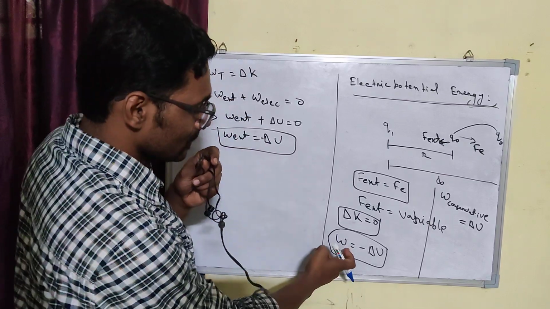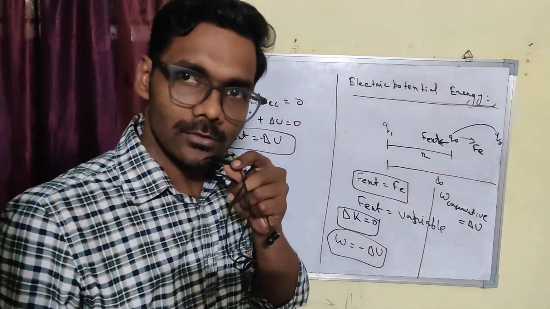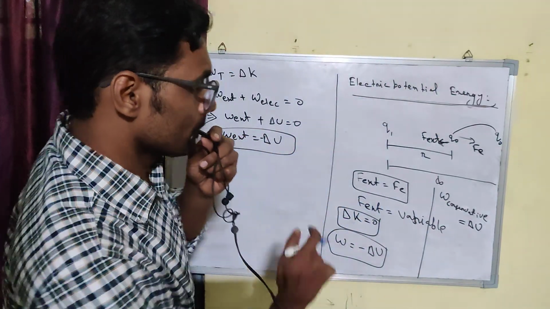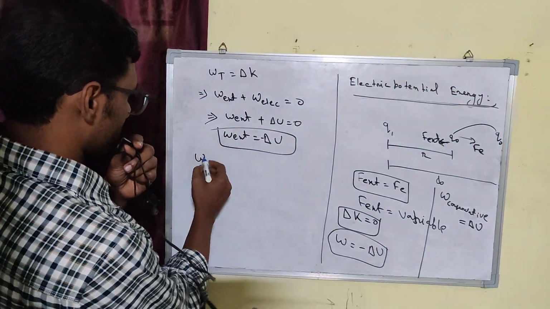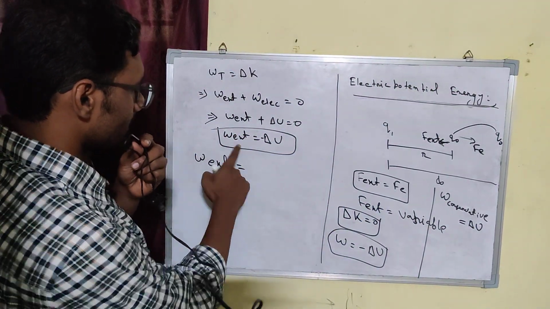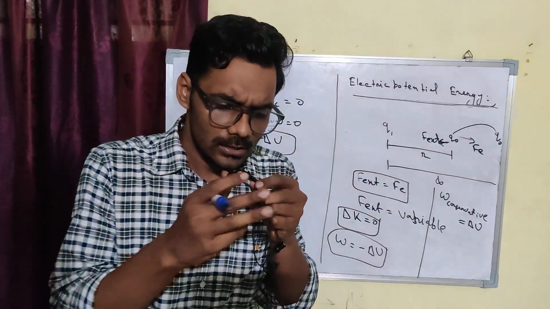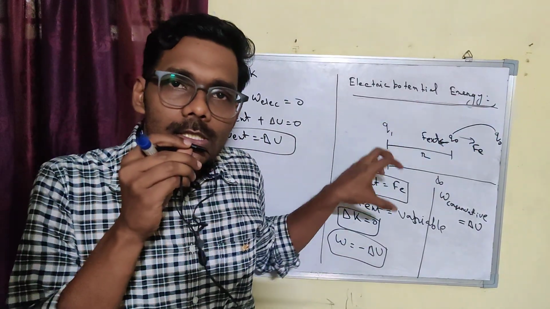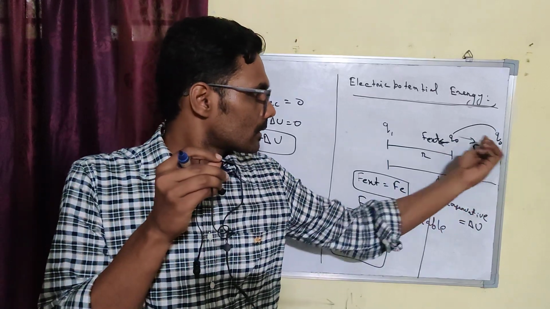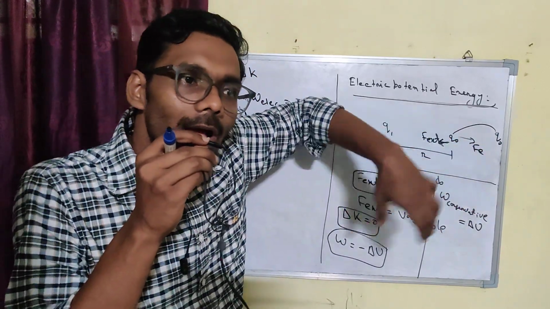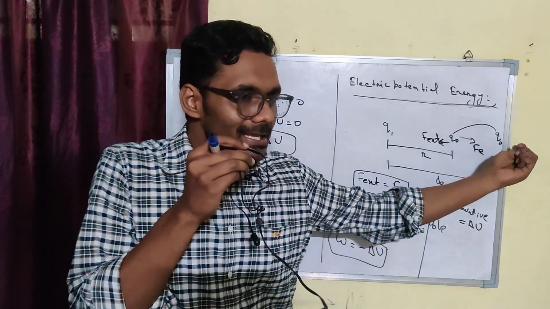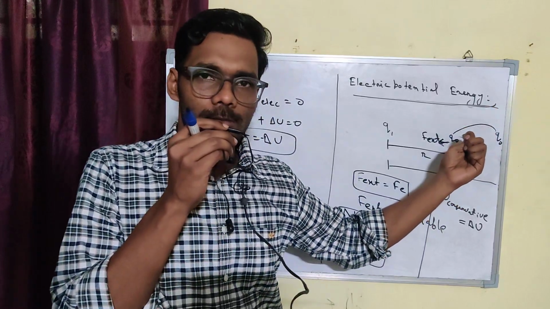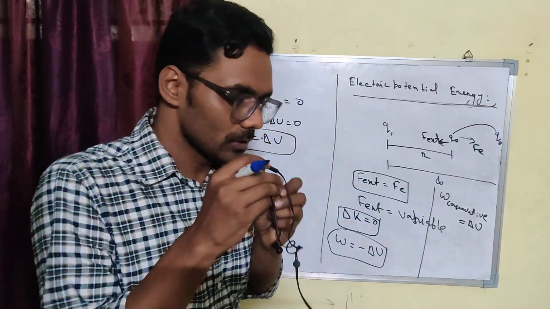So how much external work do we need? Here what we got is that the amount of potential energy stored in this system will be the work done to take that test charge to this point.